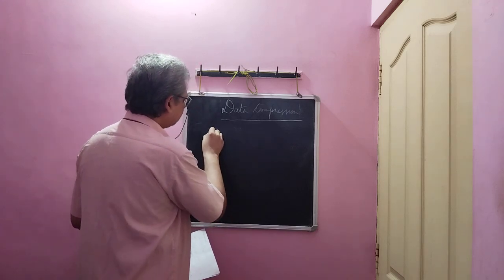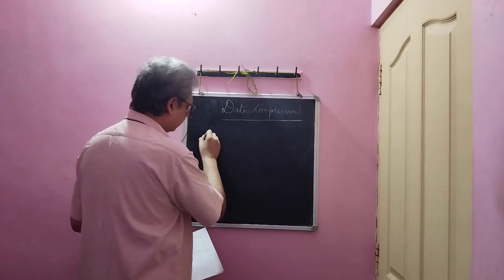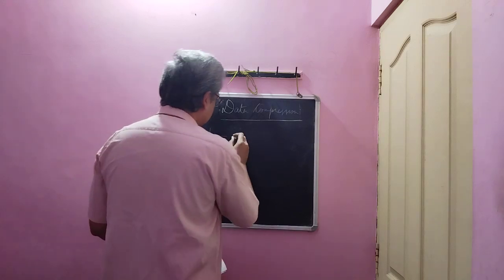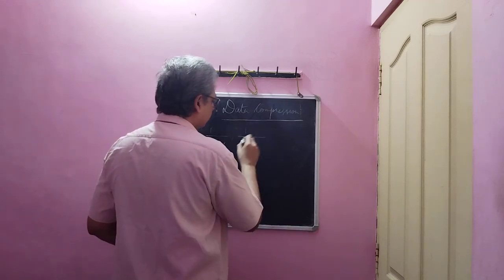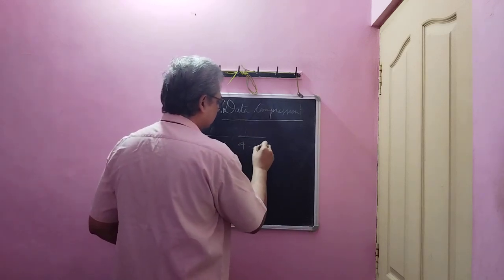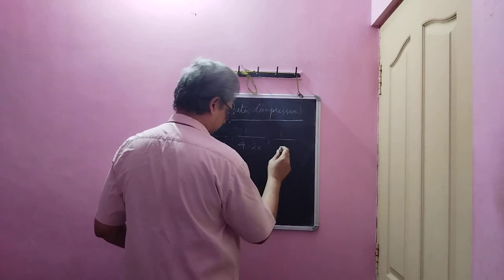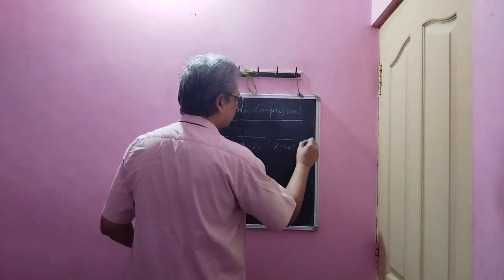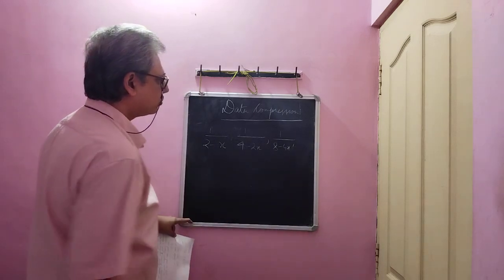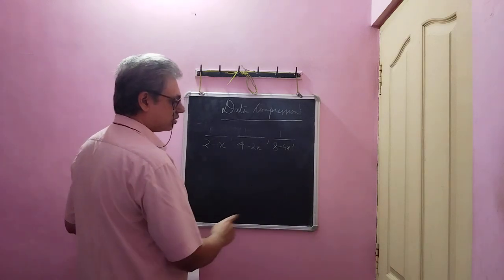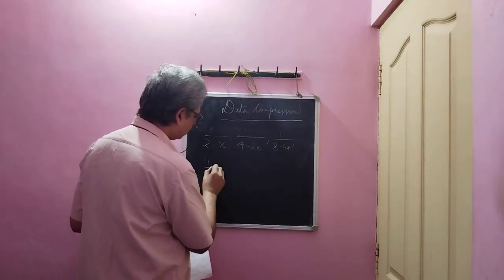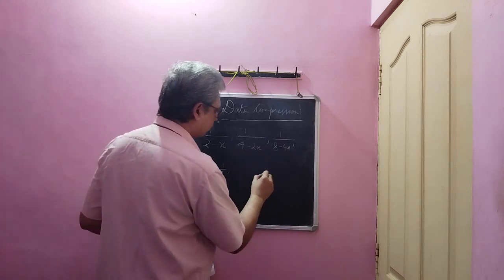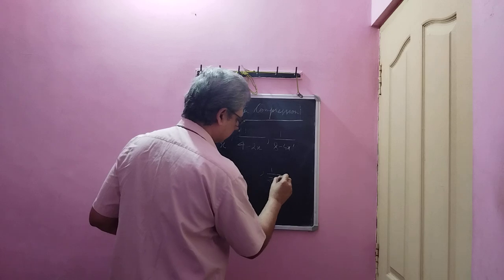Let's just take the case of the first one, which is 1 by 2 minus x, comma 1 by 4 minus 2x, comma 1 by 8 minus 4x, and so on. There are l dash ratios. M has the sequence of ratios 1 by 2, 1 by 4, and so on up to 1 by 2 power l.